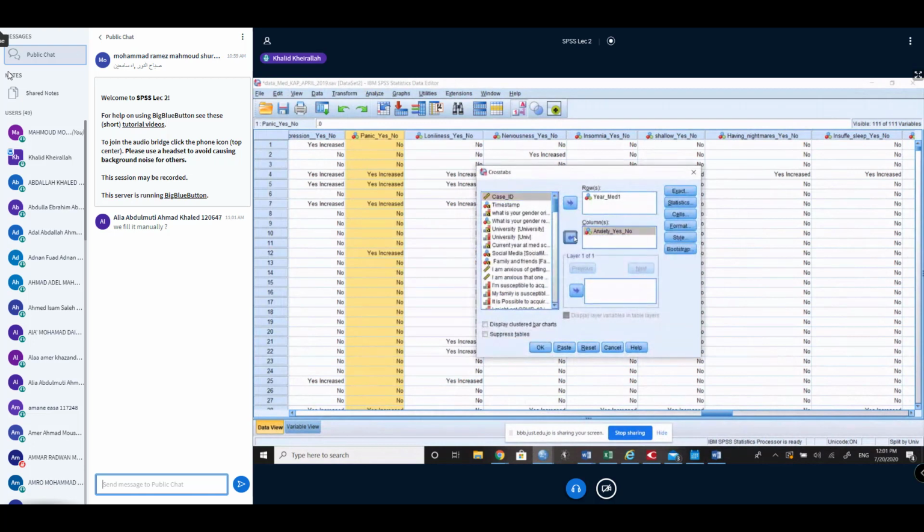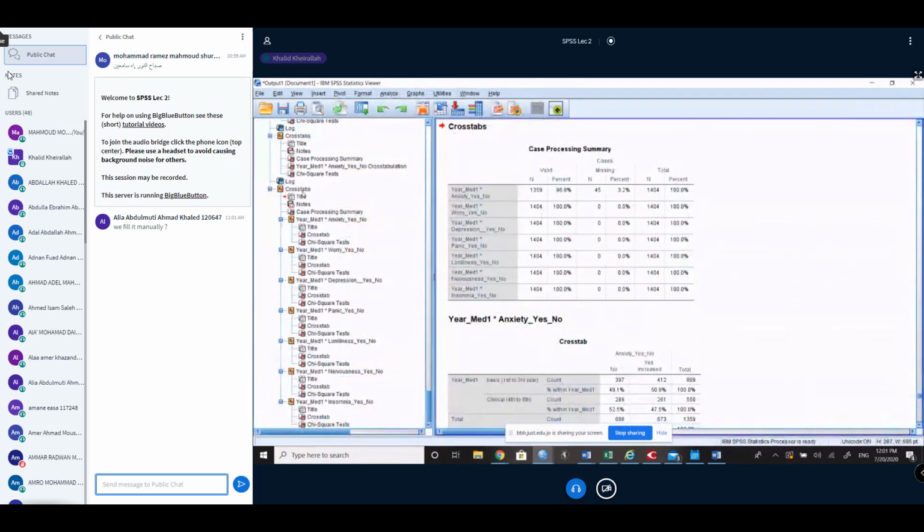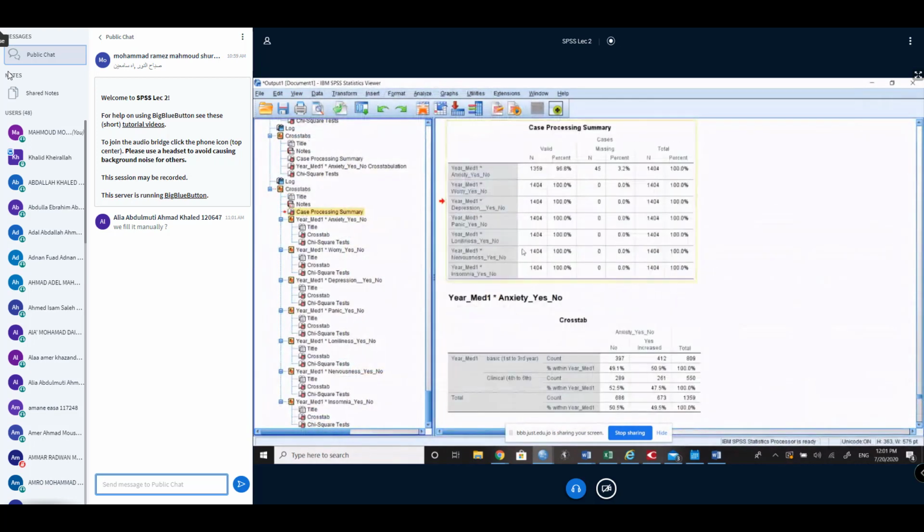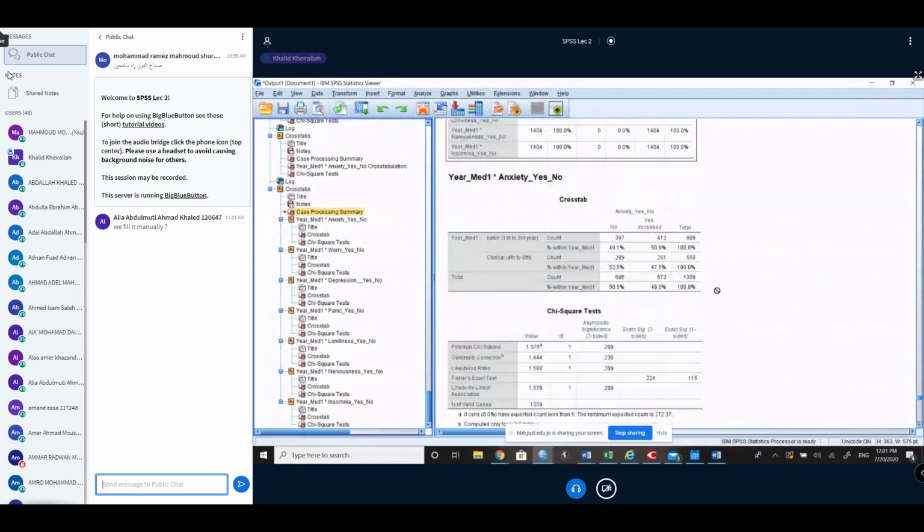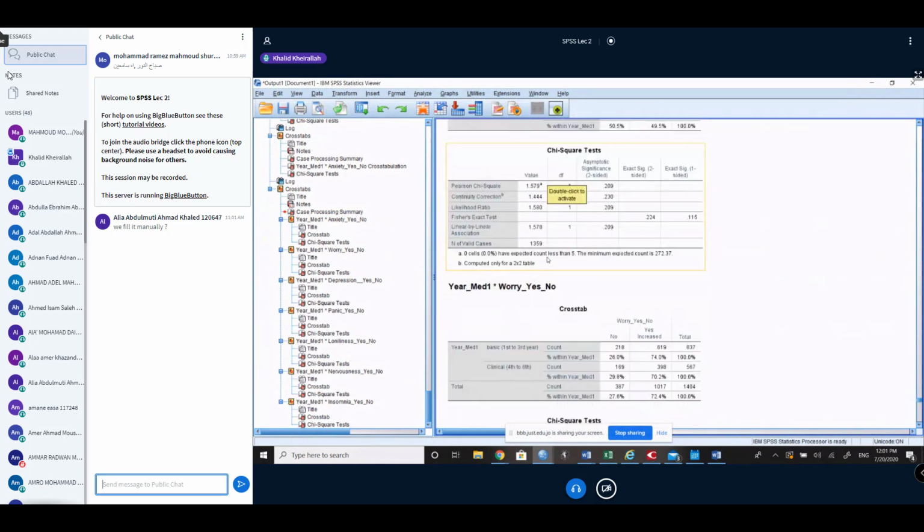Let's do anxiety. So if we look at this, anxiety wasn't significant by year, clinical versus non-clinical.